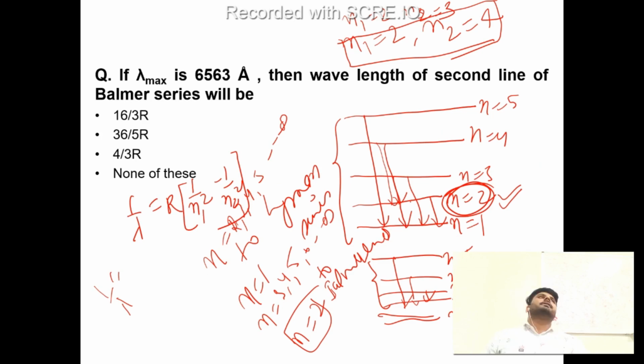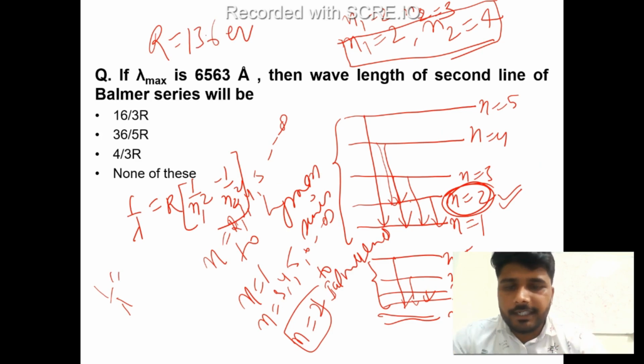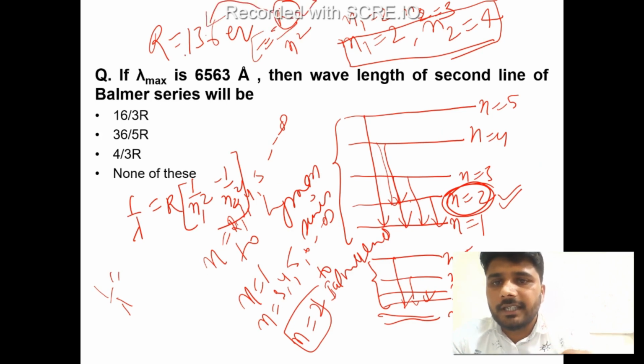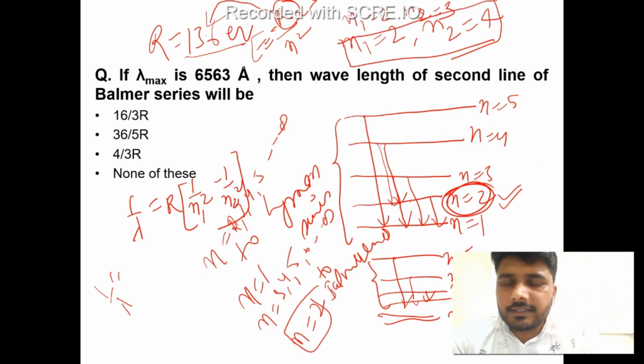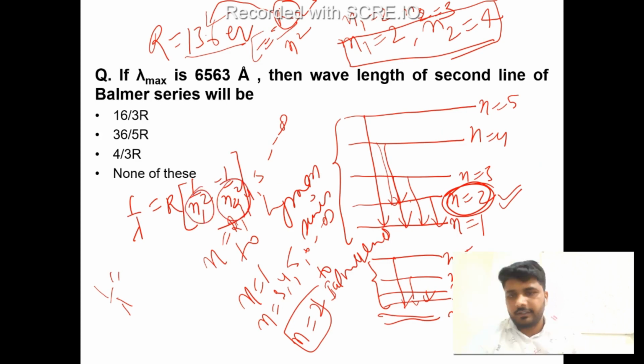If you read about the complete expression, you will get minus R upon n square, and the Rydberg constant value is 13.6 electron volt. So just put the values of n1 and n2 here, and tell me what answer you are getting.